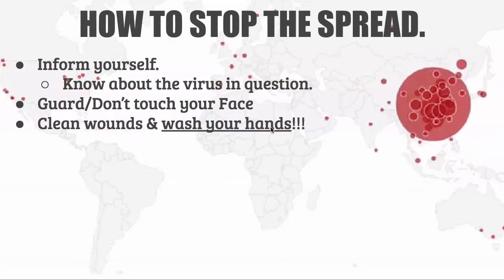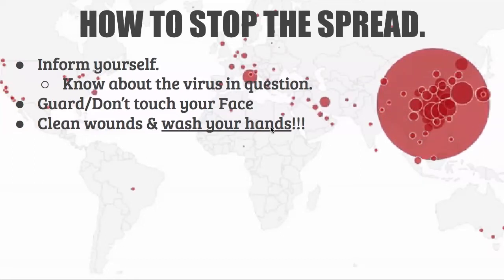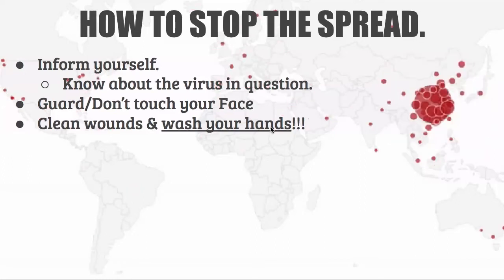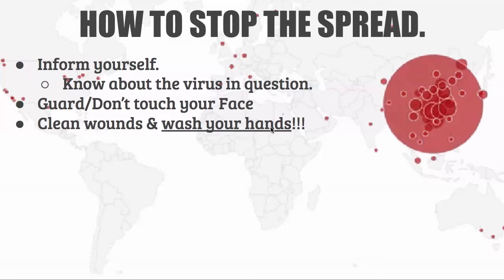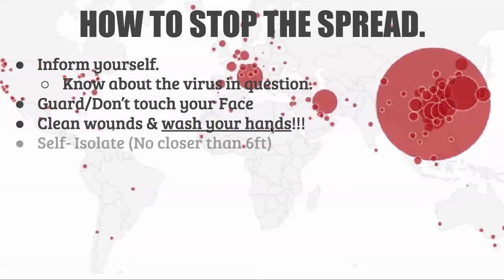I know we're going crazy over hand sanitizer right now, but washing your hands is a whole lot more effective than just the hand sanitizer, because what actually happens is the soap starts to pull apart the virus. And so, again, washing your hands.